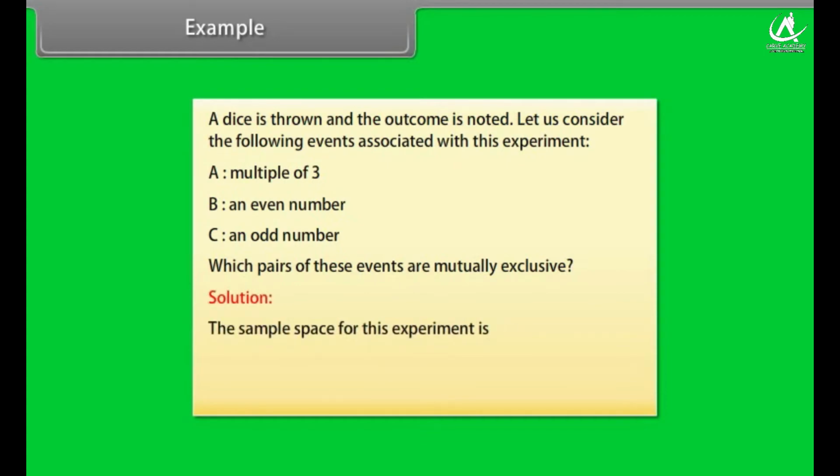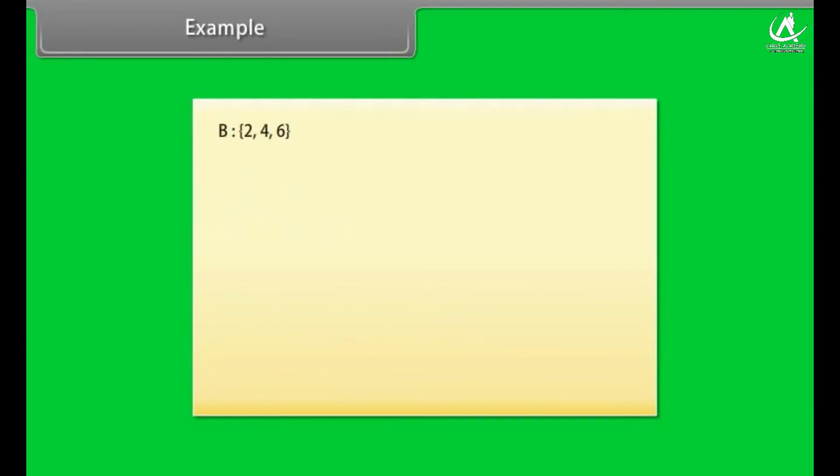The sample space for this experiment is S is equal to 1, 2, 3, 4, 5, 6. A is equal to 3, 6. B is equal to 2, 4, 6. C is equal to 1, 3, 5.